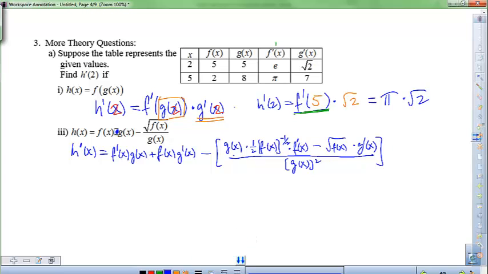Okay, now let's put 2 in for wherever we see an x.